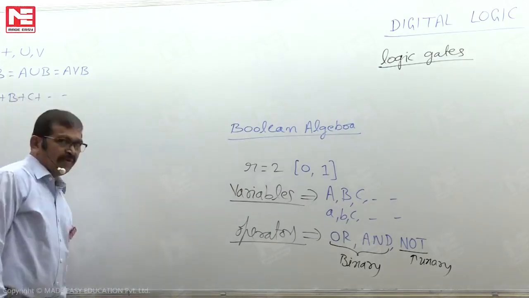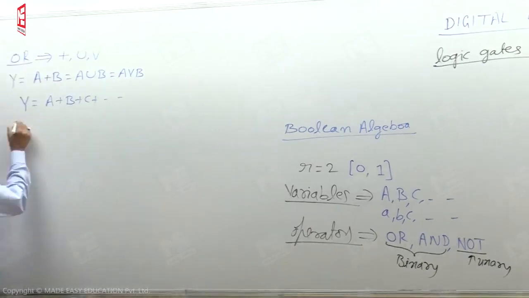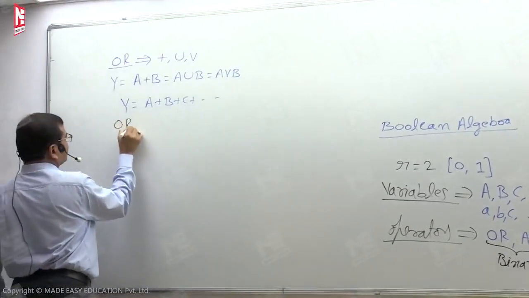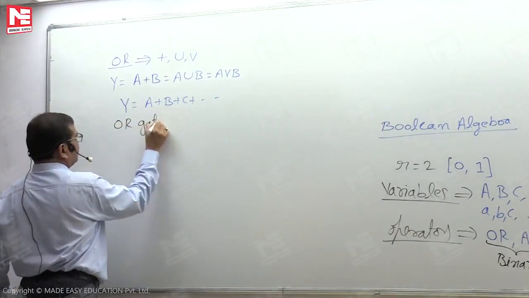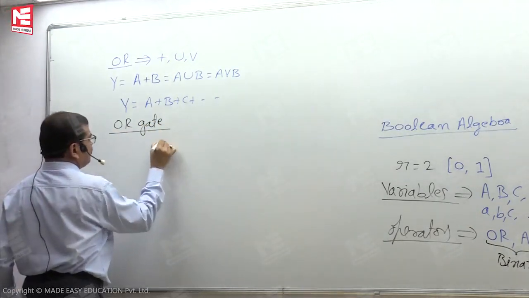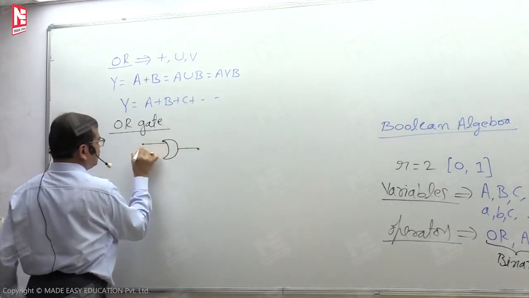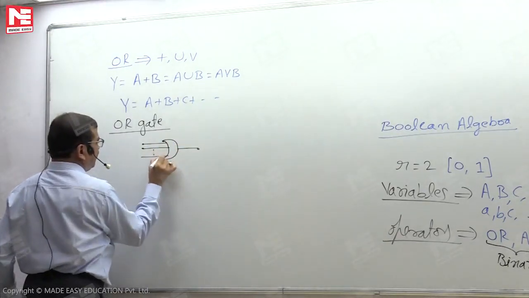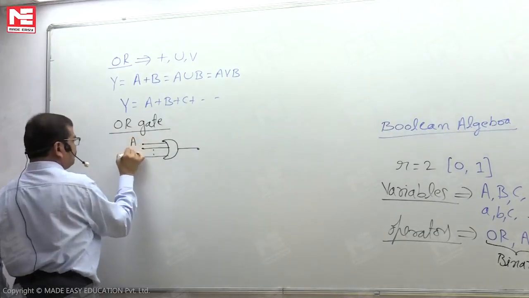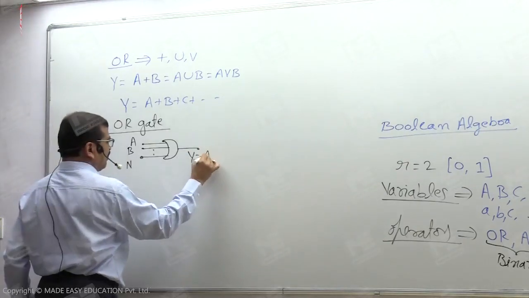To perform our OR operation, we have the hardware device named the OR gate. This OR gate is symbolically represented like this. It may have any number of inputs.